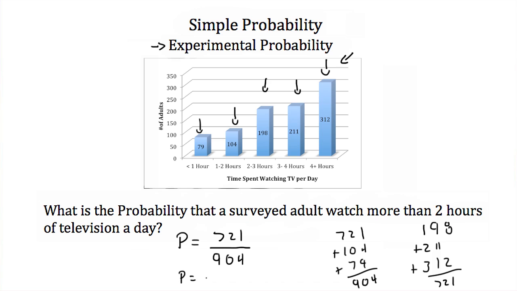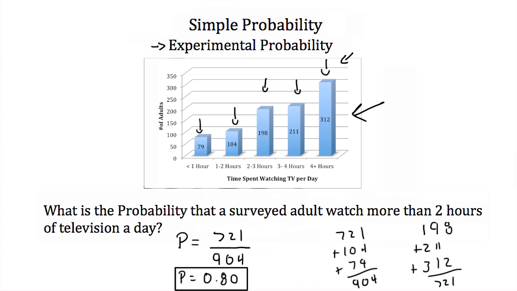That's approximately 0.80. So what's the experimental probability that a surveyed adult watches more than 2 hours of television a day? Well, according to the data in this experiment, there's a 0.8 probability that the next adult surveyed will watch more than 2 hours of television per day, or an 80% chance that the next surveyed adult is going to watch more than 2 hours of television per day.